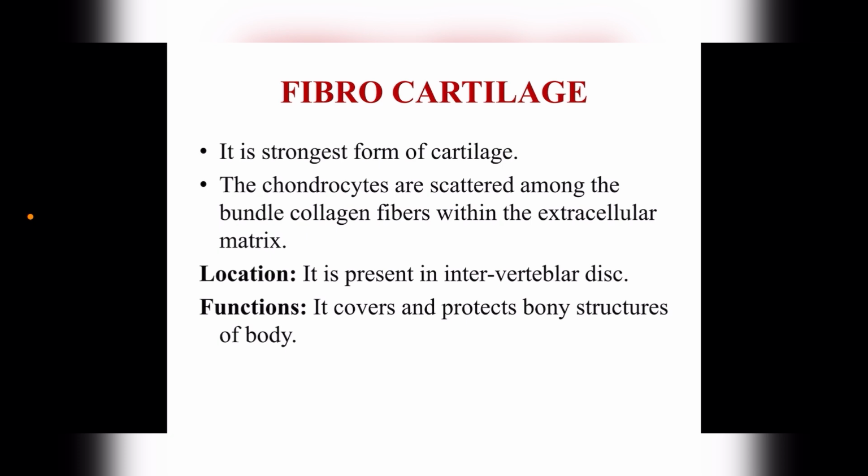Next, fibrocartilage. It is the strongest form of cartilage. Here the chondrocytes are scattered among the bundles of collagen fibers within the extracellular matrix. It is mainly present in the intervertebral disc, and its function is to cover as well as protect the bony structures of the body.